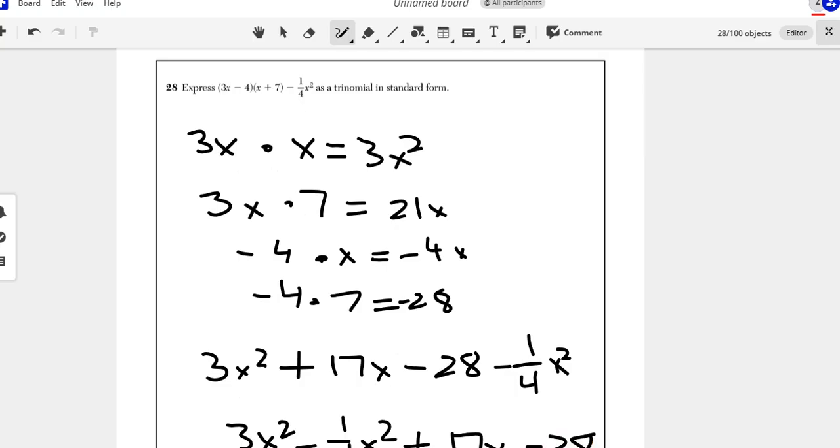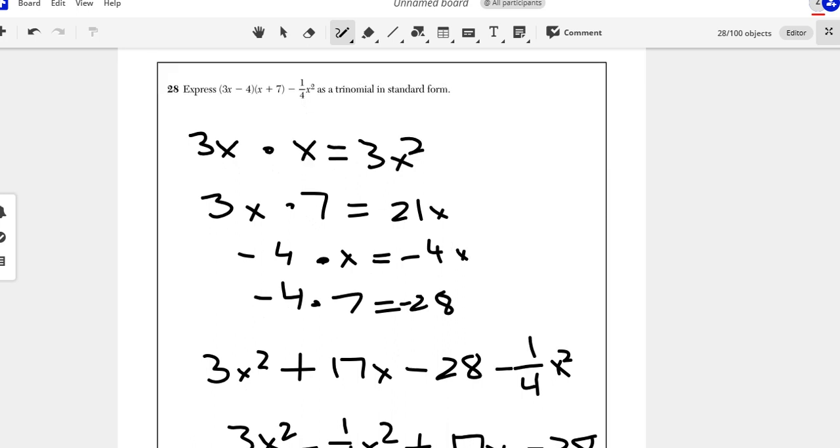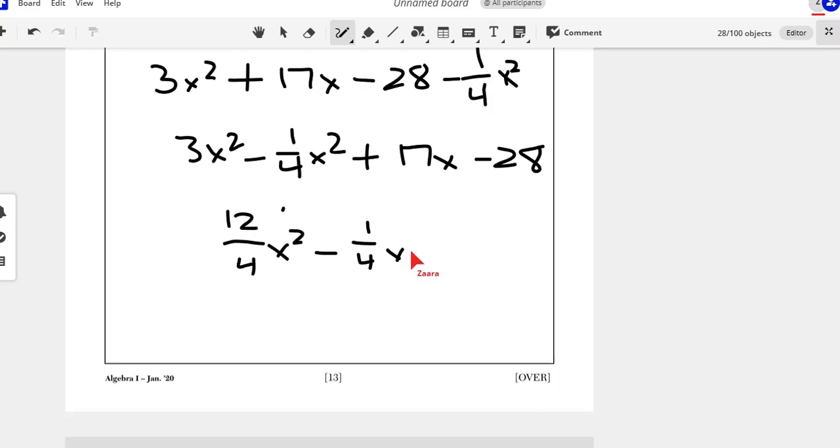And then we get 1/4 x squared minus 1/4 x squared and then equals 11.